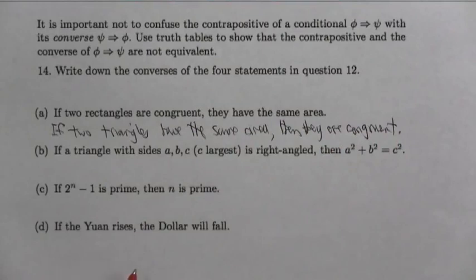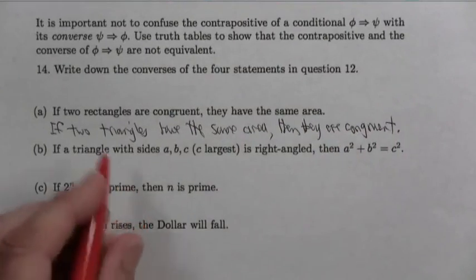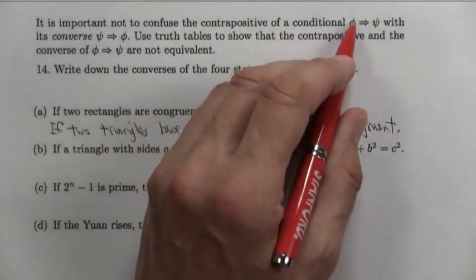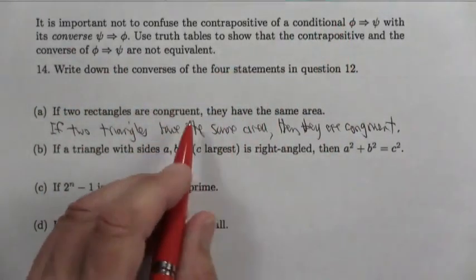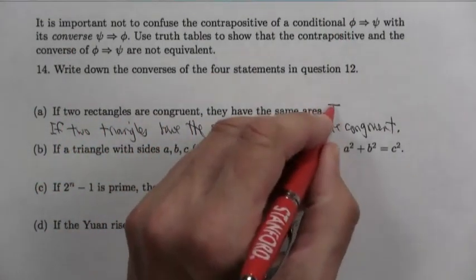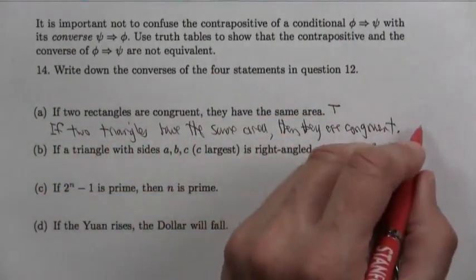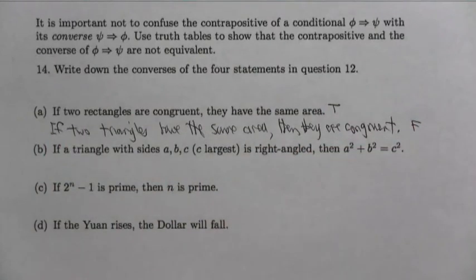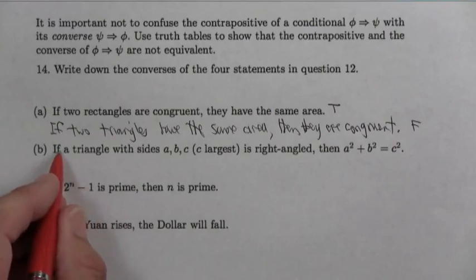Now already we've shown by an example that the converse is not necessarily logically equivalent to the original statement, because the original statement is true, but the converse is false. Now that's not always the case. Let's look at this one.